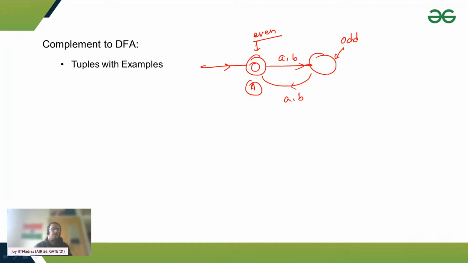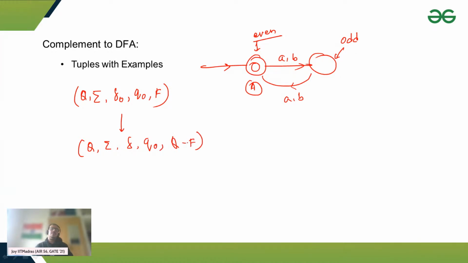If we look at the tuple structure of our original DFA, then in our complemented DFA the tuple structure will have Q minus F as the final states.